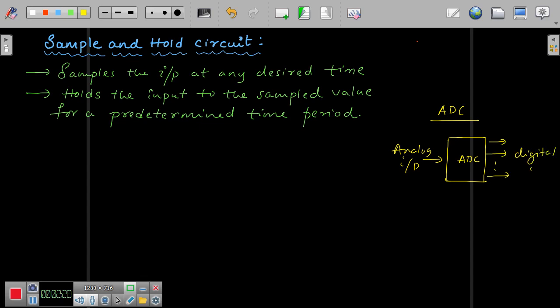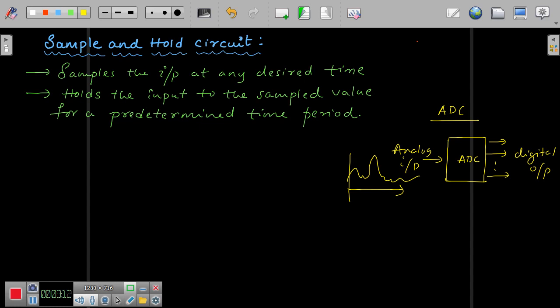Now when your analog input is continuously coming, it may be some measurement, like speed, velocity, temperature, from a particular sensor or measuring instrument. For the purpose of processing, manipulation, comparison and analysis, it is easier to have the values in digital form.